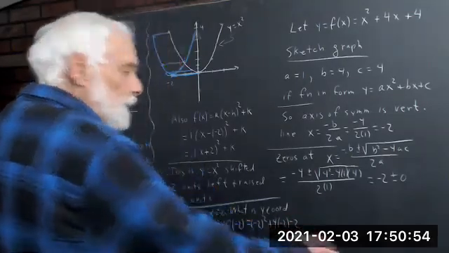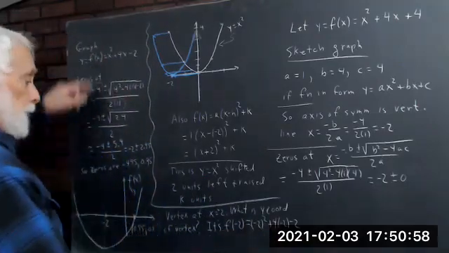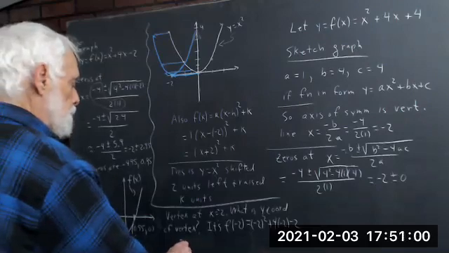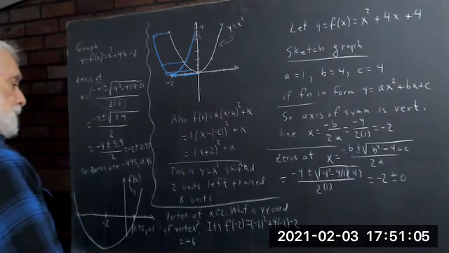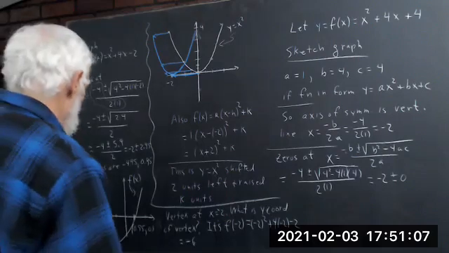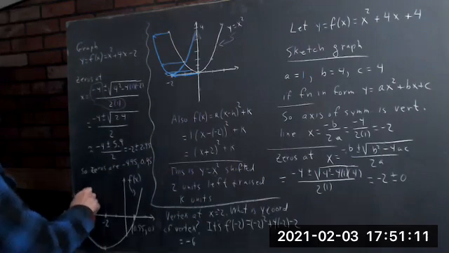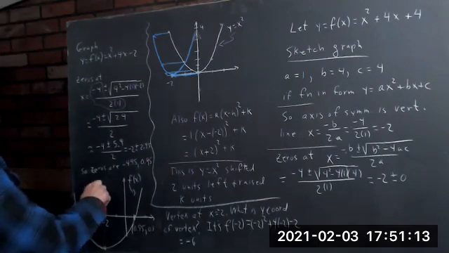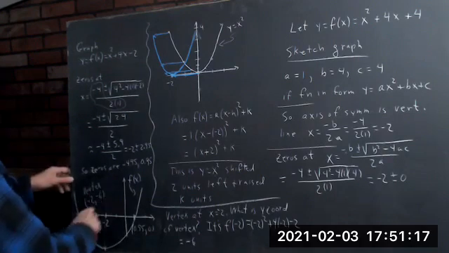Now, that might be blocked by something Zoom puts on the screen, but you know what goes in there if you evaluate f of -2. And that's -6. So now you know that your vertex is -2, -6.